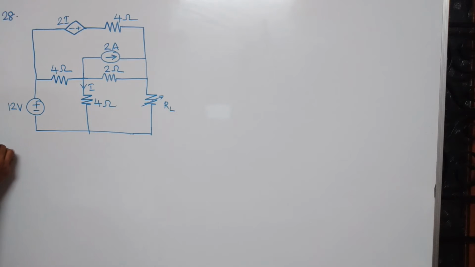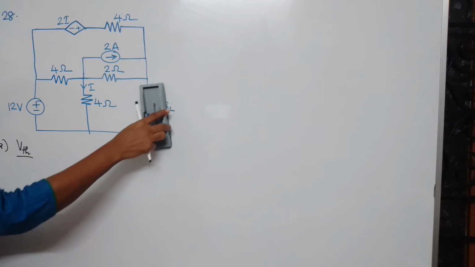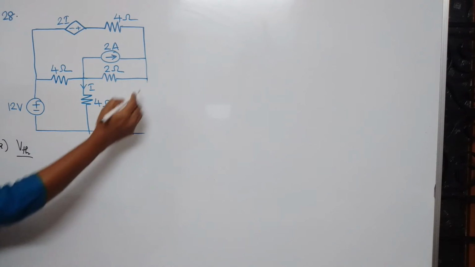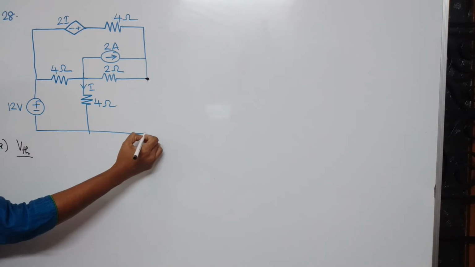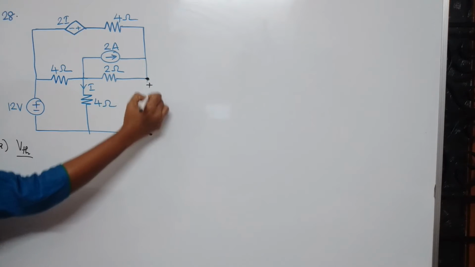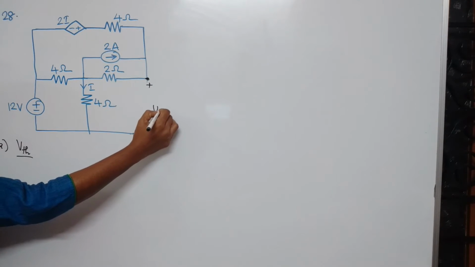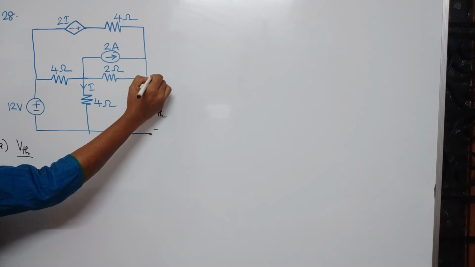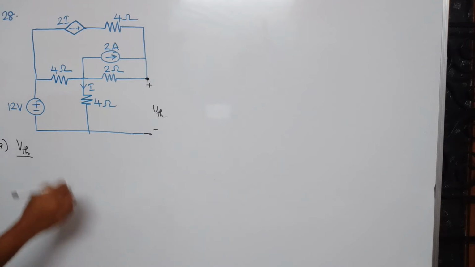First let us find VTH. To find VTH, we have to remove this from the circuit, and this voltage with respect to ground is VTH. Or the voltage at this point can be written as VTH.